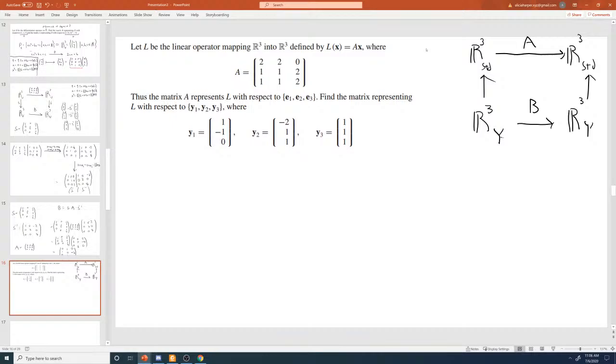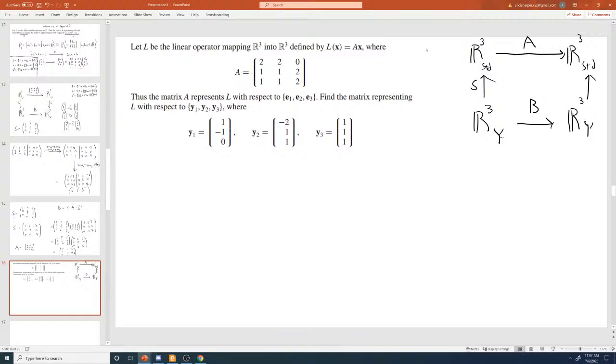So again, it doesn't matter which way you do this, but sometimes one way is easier than the other. In this particular problem, it's easier to use the map where you change from the y basis to the standard basis. But it actually doesn't really matter because in both cases you have to compute both this map and its inverse.